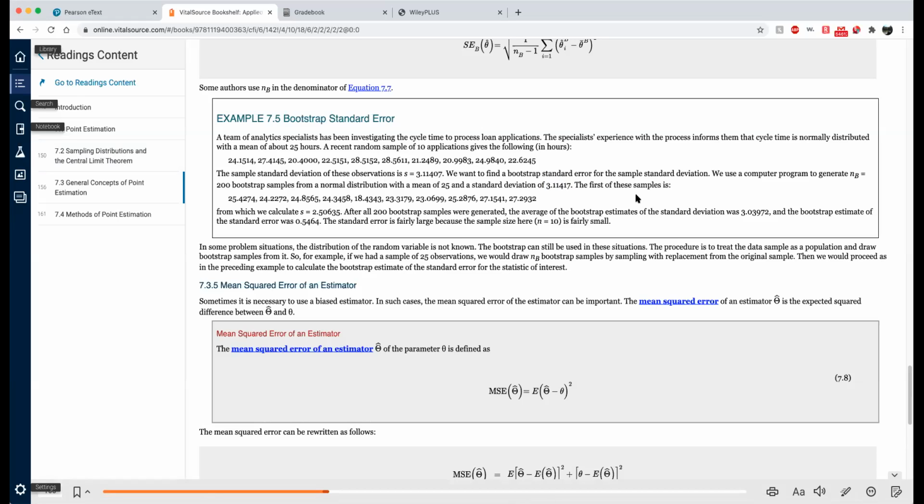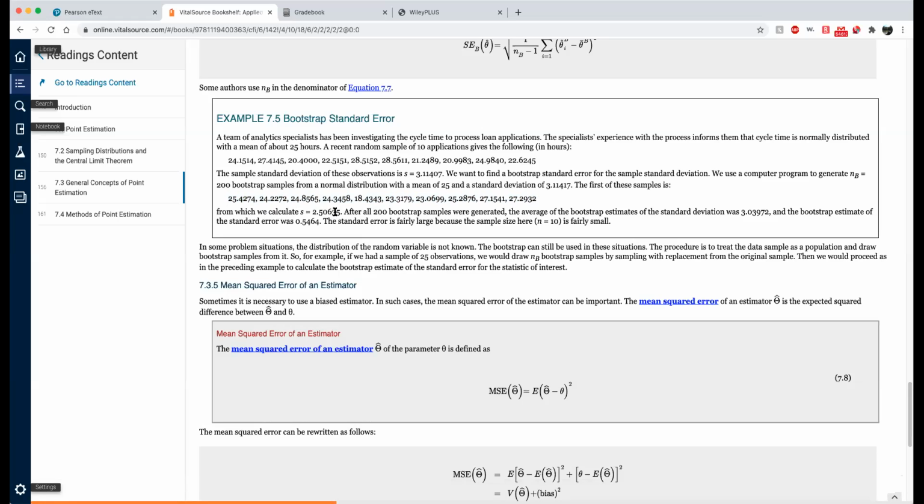The first of these sample is this. Okay. So now let's see that. And then from which we calculate 2.50635. Okay. So that's the bootstrap estimate of standard deviation, sigma actually. Generated by the bootstrap.